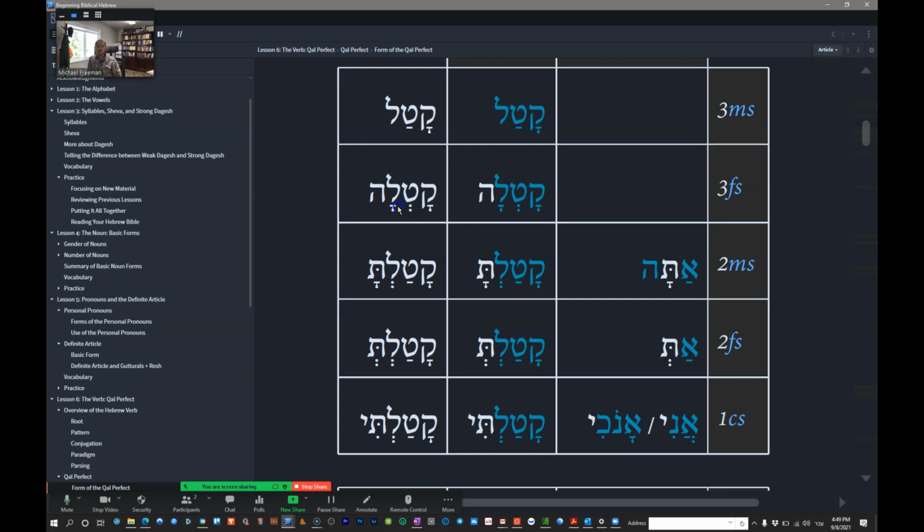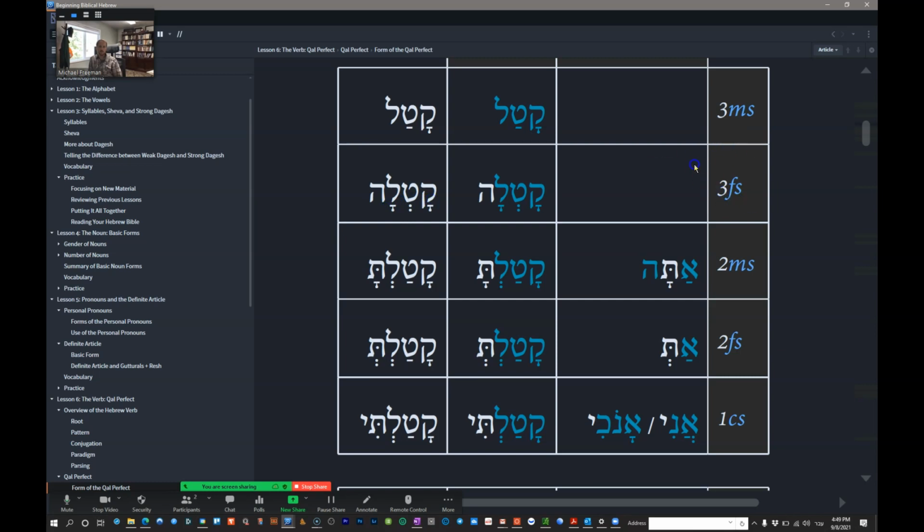Now here, in order to make room for the extra syllable that we've added, because Hebrew likes to keep things down to 2 syllables if possible, in order to make room for that extra syllable, since we've added a kamatse vowel to the end, we're going to reduce the patach to a shavah. Now this is a vocal shavah because it's not preceded by a short vowel. So here we get katala. With achal, we would get achala.